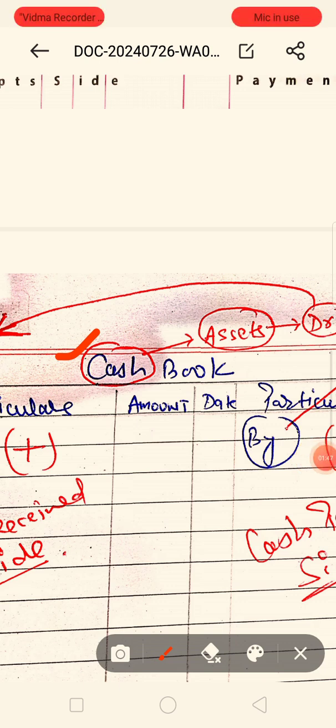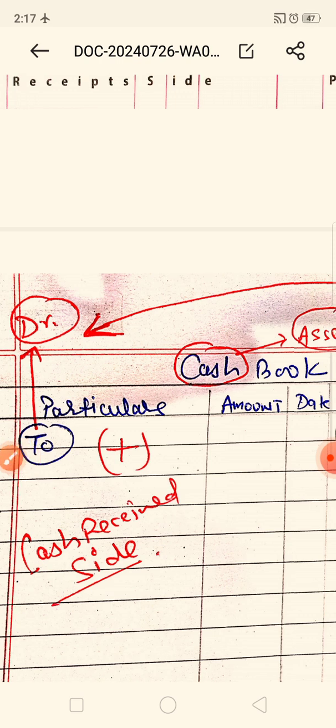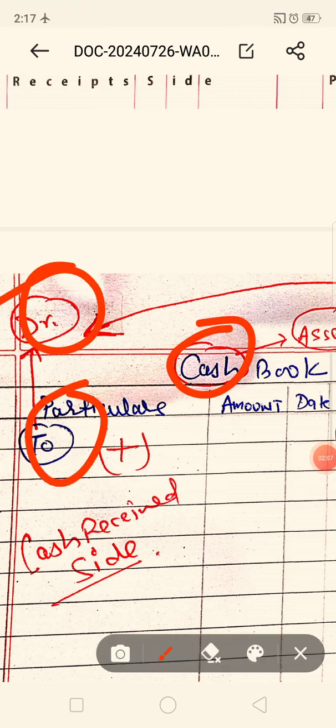First of all, we have to understand what is cash. We know very well that cash is an asset, and this is a rule of accountancy that assets are debit, my dear student. And already we are watching in this format that the To side is a debit side. So cash is an asset, assets are debit, and the To side is a debit side.